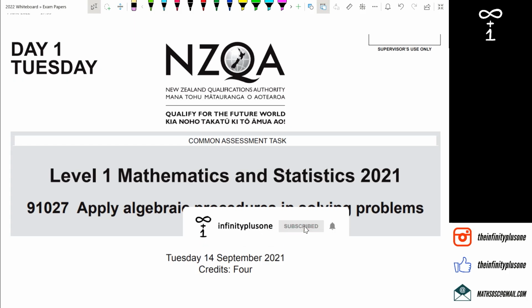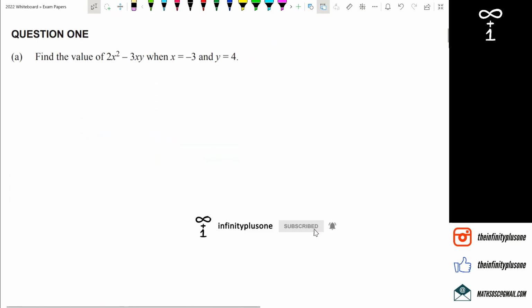All right guys, so we are off with question one. It's always nice to start with a nice question, and I guess this year they kept the same theme going. What we've got here is just finding the value of 2x squared minus 3xy. One thing I always recommend is to put a bracket around whenever you're dealing with squares or cubes.